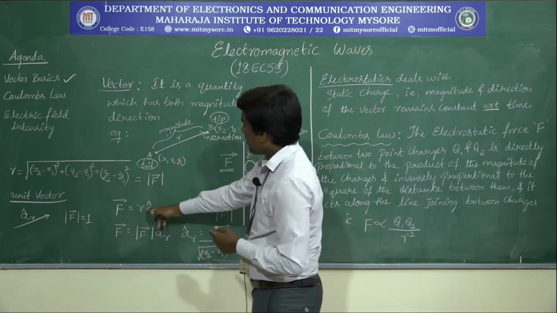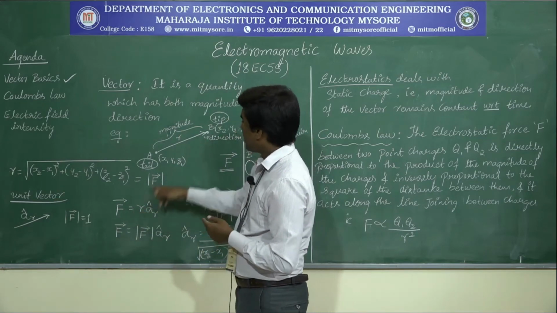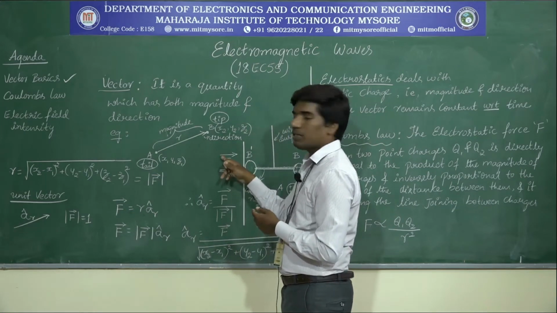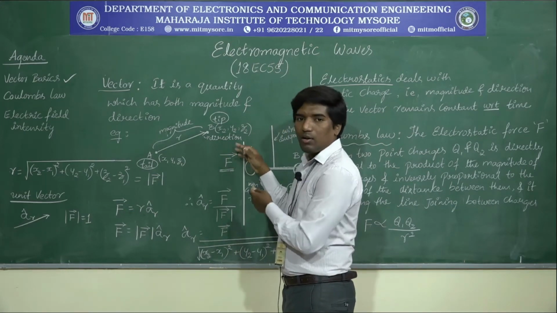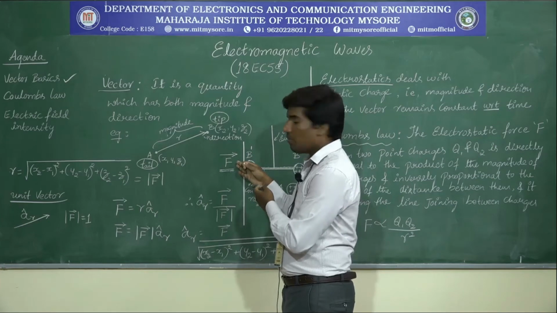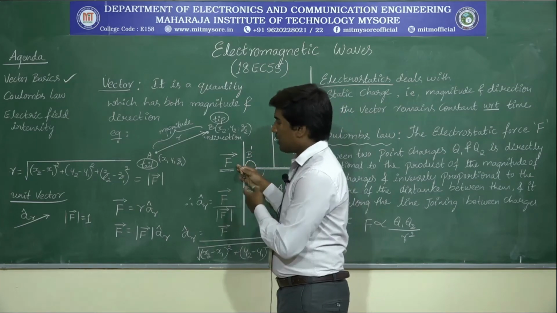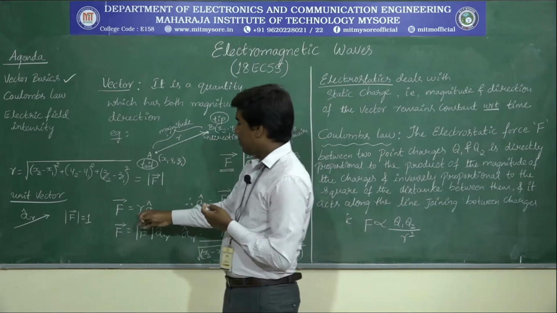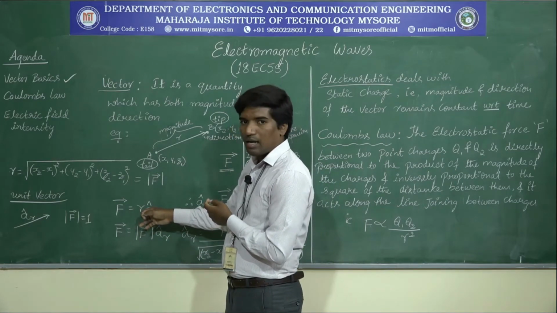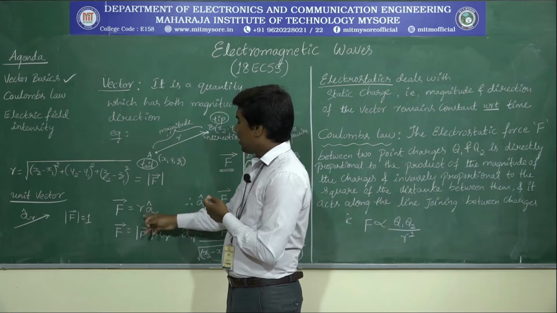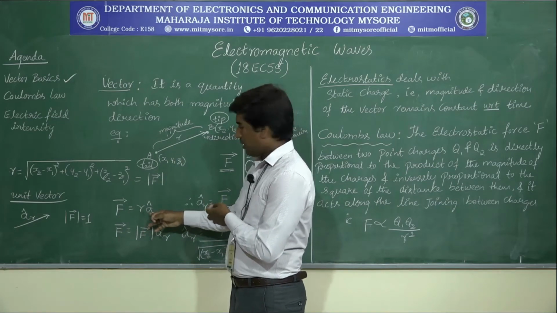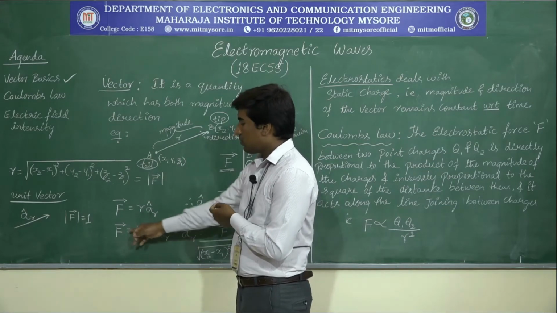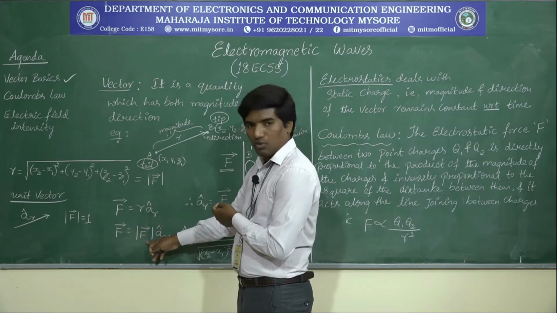Coming to the next point, a vector is represented by a symbol F with an arrow mark on top of the alphabet. This is the symbolic representation of a vector. In terms of unit vector, this can be represented as a product of the magnitude r, that is the distance between two points, into the unit vector, where r is defined as the magnitude of this vector F, which is shown like this.